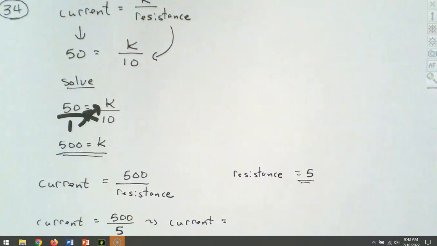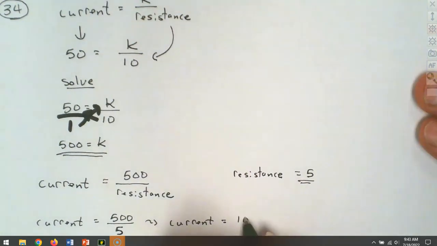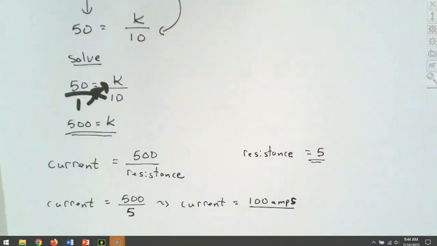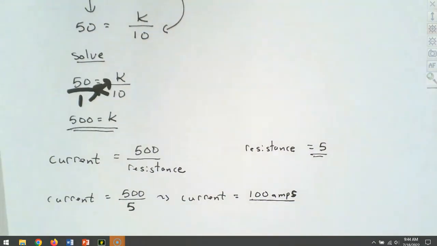Right, so when we do that, 500, we divide that by 5, and that gives us then a current of 100 amps. So that's what happens with inverse. When inverse, it's the opposite. So when one goes up, it forces the other one down. So in this case, as we decrease our resistance, our current goes up.